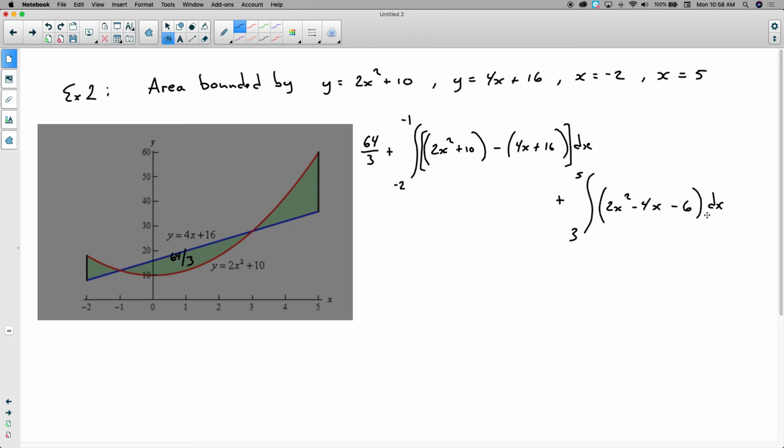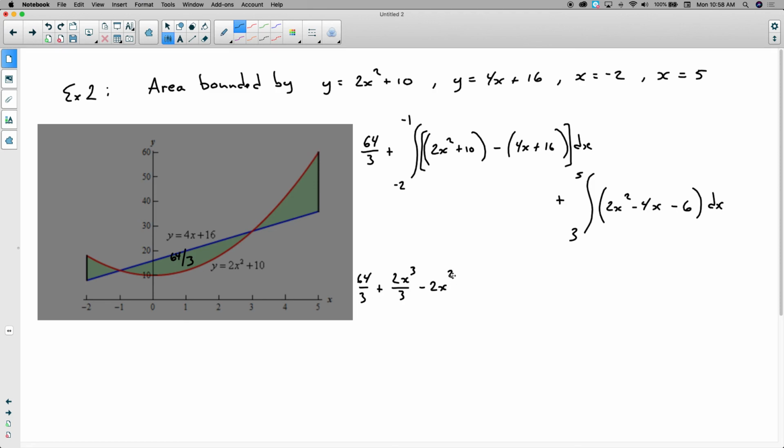Okay, so trying to keep things nice and organized, what we have is 64/3 plus, and okay, I can go ahead and take these integrals. So over here, I've got 2x cubed over 3, and this is going to be minus 2x squared.